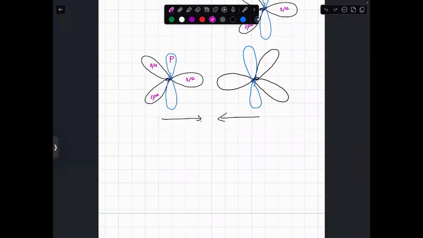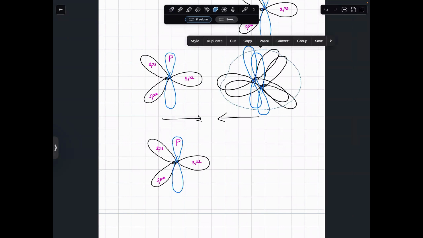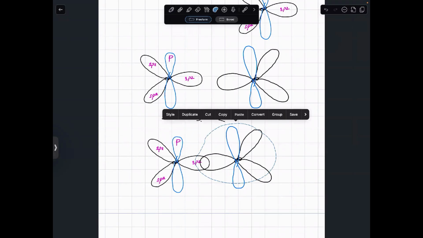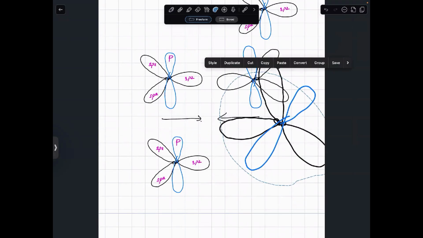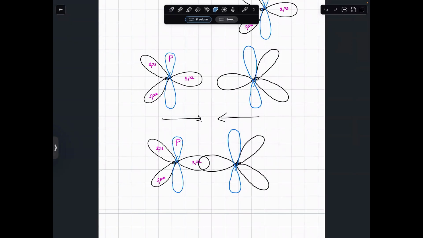So they're coming closer, and now I'm bringing them very close to each other like this. Wait a minute. Give me some time. They come like this, right? So they are going to make which bond?